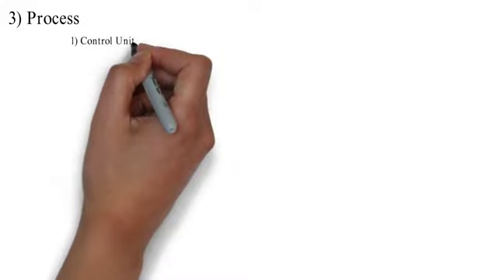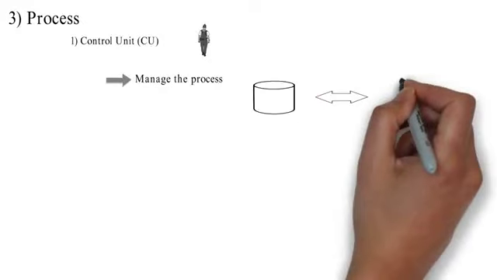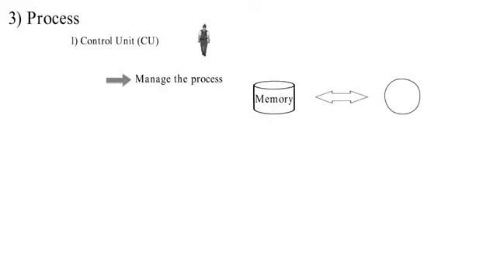1. Control unit. The control unit works like traffic cop. It control and manage the process and input-output. The control unit fetch and store data, to and from memory. 2. Arithmetic logic unit.